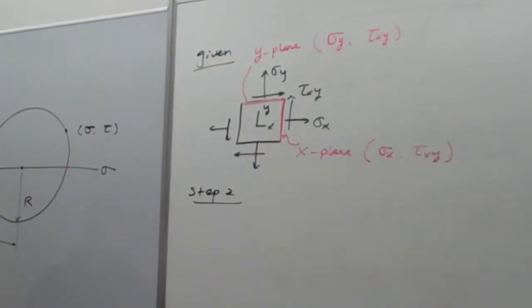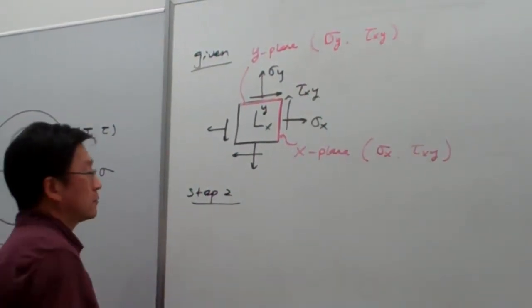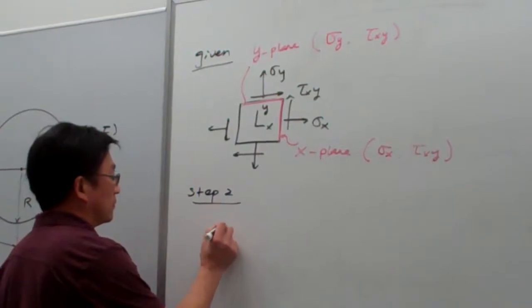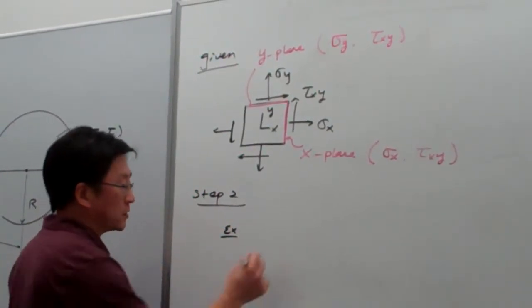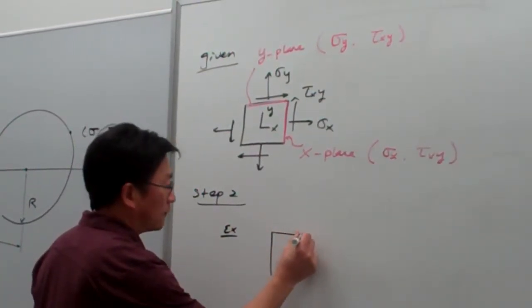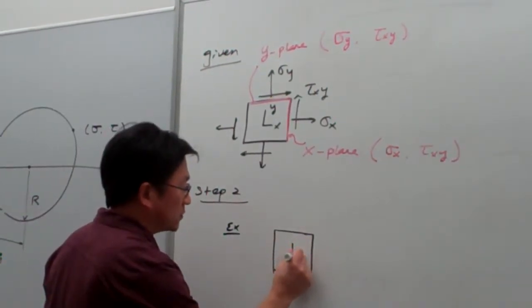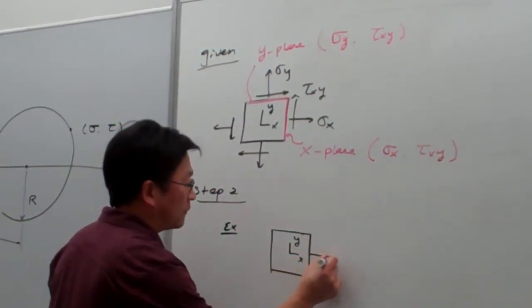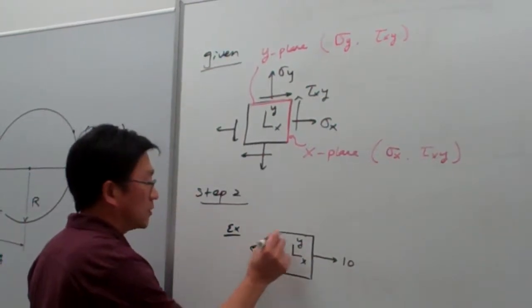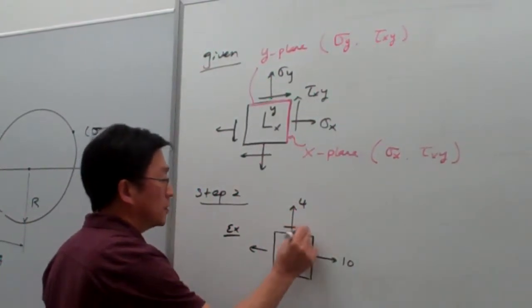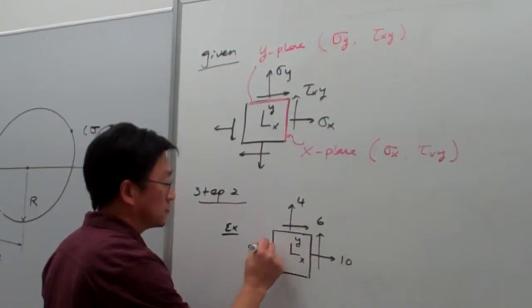And here, let me give one example. So if we have the given information, like for example this is 10, and as we did last time, this is 4, and this is 6.